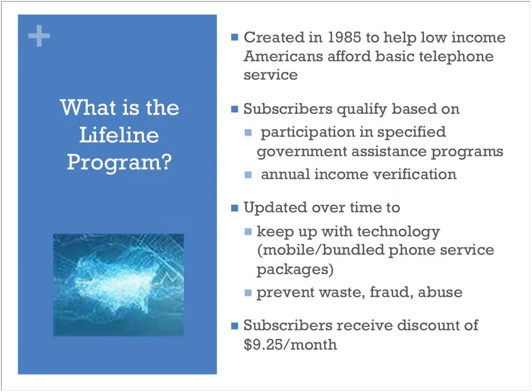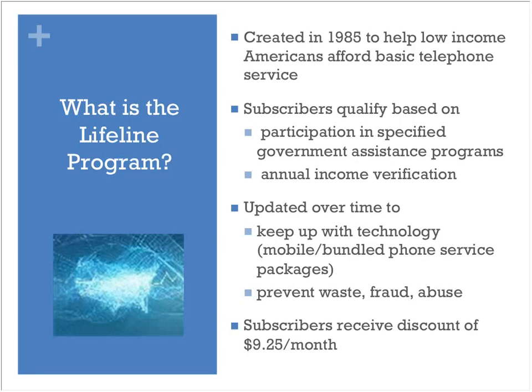So thanks for joining. And basically, the program was set up for low-income Americans. So it still focuses on that, and as Heidi and some of the others mentioned, affordability is one of the key reasons why older Americans are not getting online at the same rate as the rest of the population. So there's two ways to qualify. Basically, there are a list of programs that are based on income.